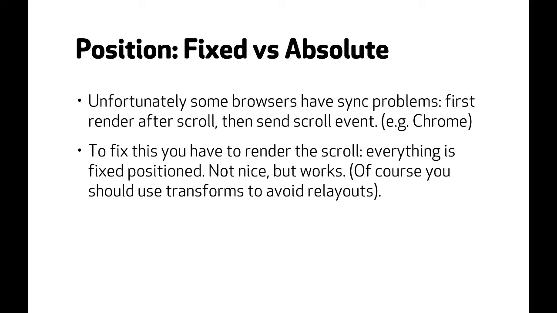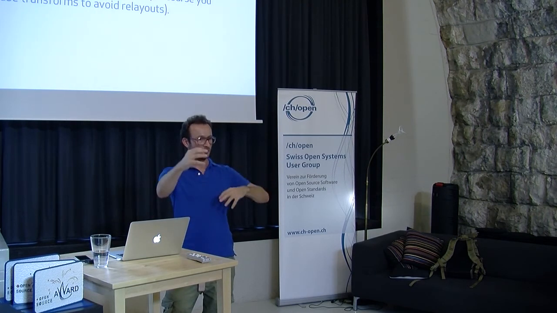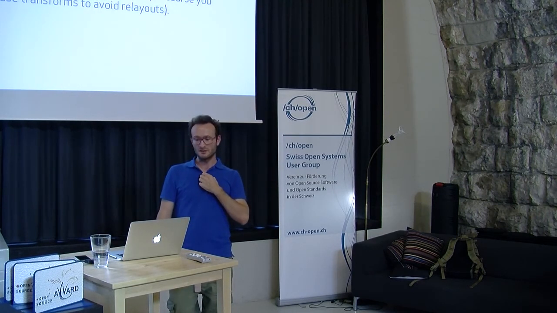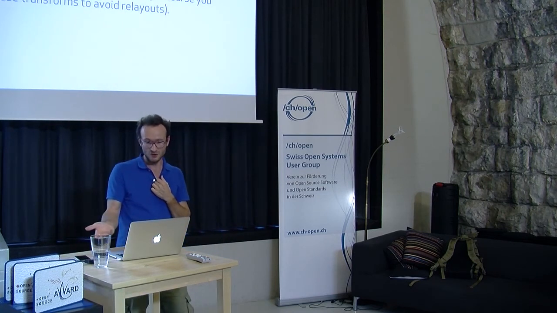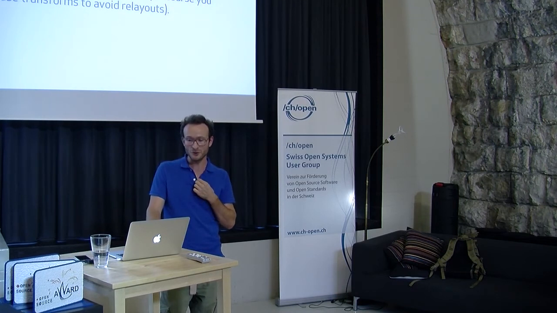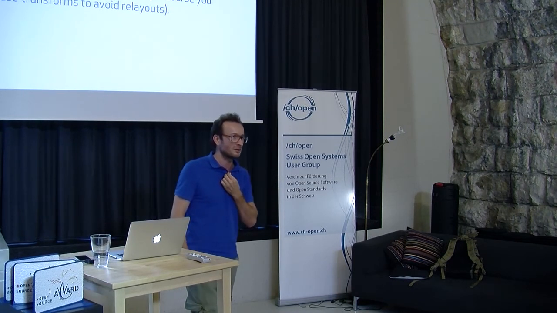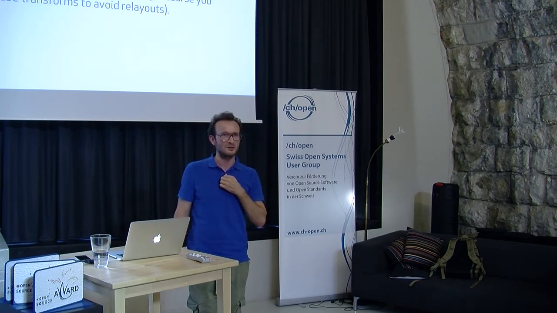What I would like to do in most parallax stuff is keep it to the scroll bar and then change the position. I'll keep it to the main view and then just change the position from there, because then you don't have to do all the scrolling by yourself. But unfortunately there seems to be a sync issue on some browsers, especially Chrome last time I saw.